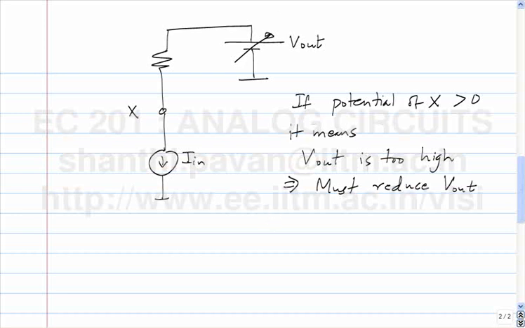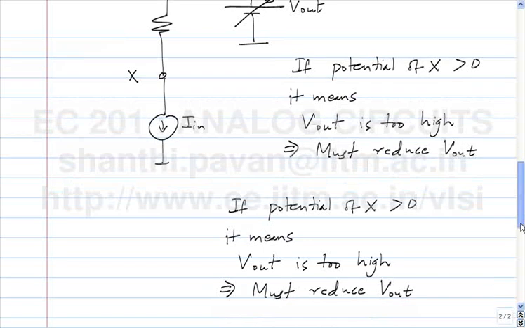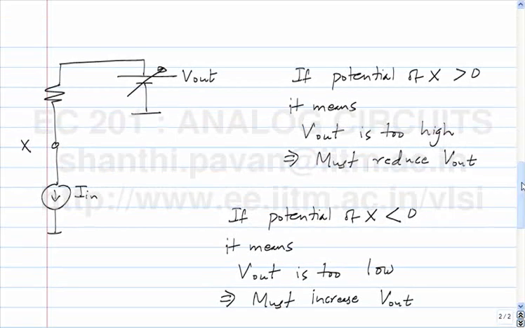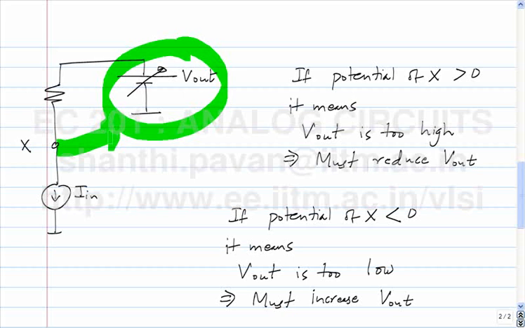On the other hand, if the potential of X is less than 0, it means V out is too low, which means I must increase V out. V out is a voltage source which is controlled by the potential at Vx.